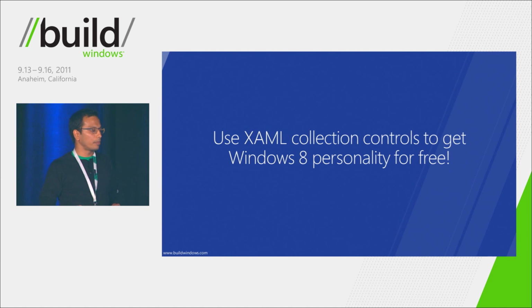So when you are building your Metro-style applications using XAML, I'd encourage you to use the built-in controls because first of all, it provides you a fast and easy way of providing the Windows 8 experience in your applications. Hence, you can focus more on building in the contracts and doing the right thing with process lifetime management, and spend your time there.